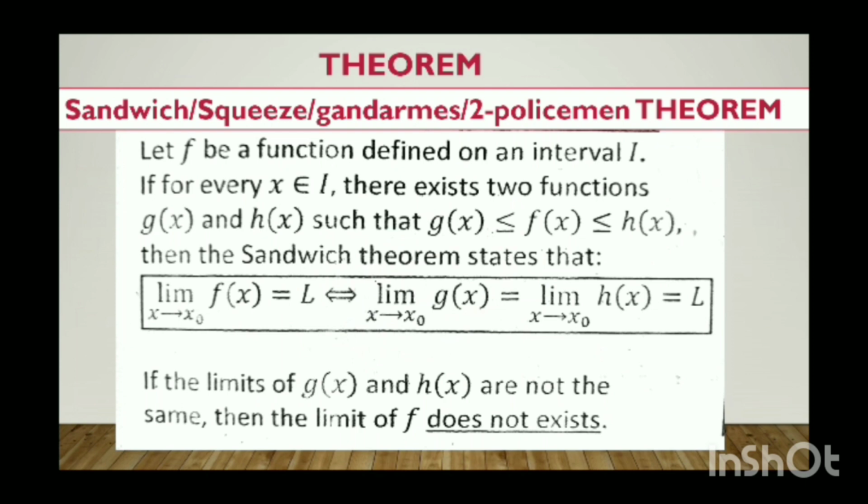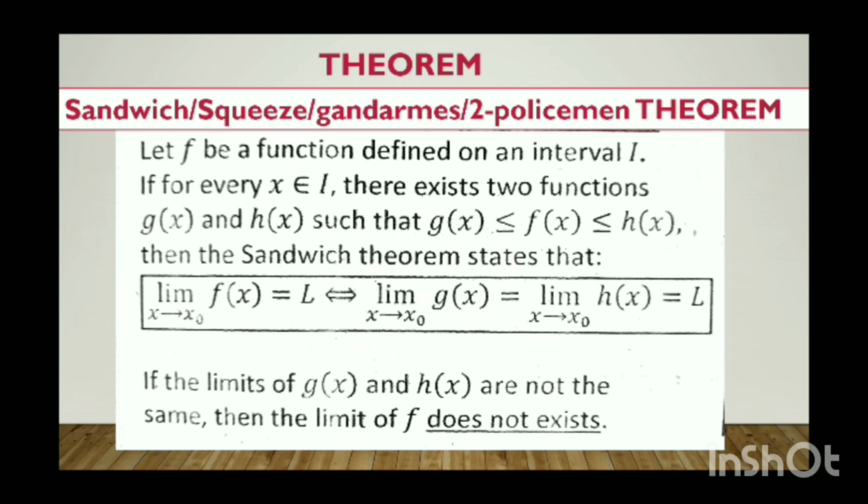When these two policemen arrest a thief, the thief will be in the middle of the two policemen, the first policeman at the left and the second at the right. Where are they taking the thief to? The policemen are going to the cell, to the police station. It means that the thief who has been arrested must also be going to the police station; he has to get to the cell.